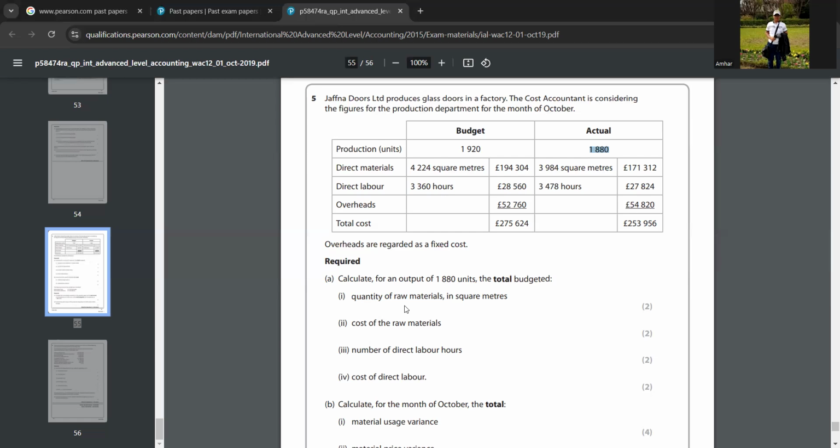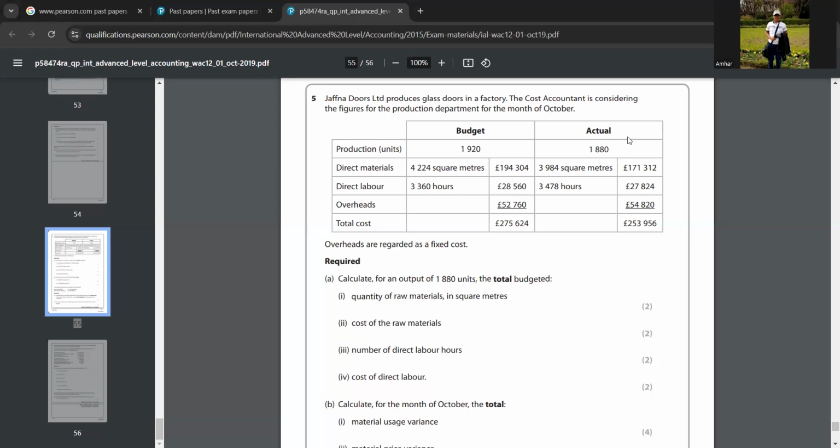Total cost divided by 1,880. Is that the answer?